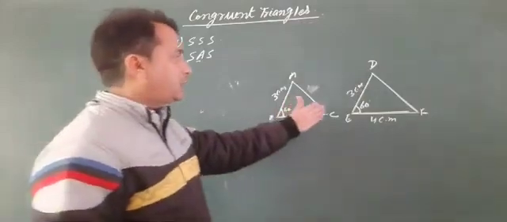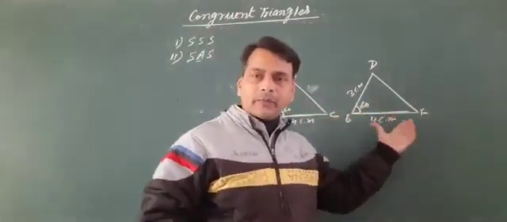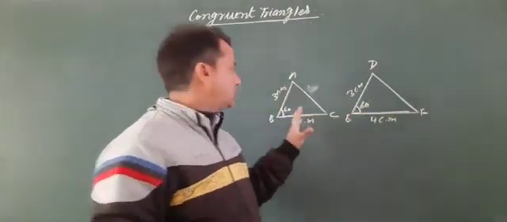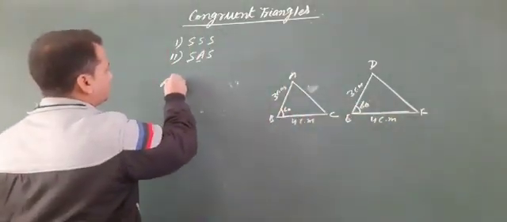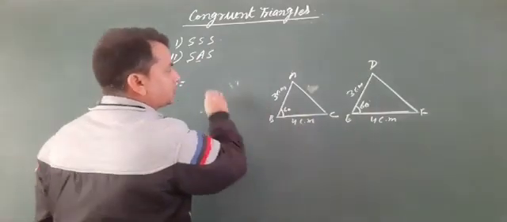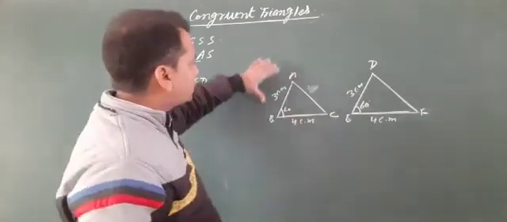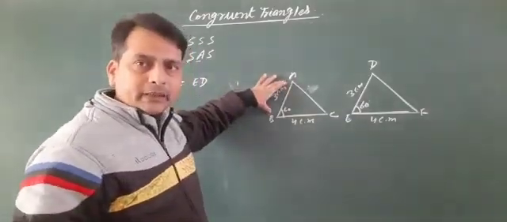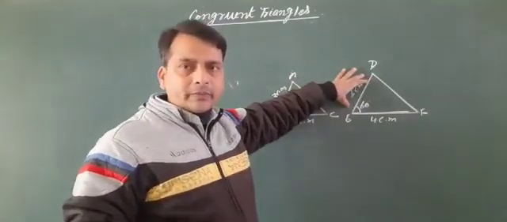So these triangles are congruent because, in the comparison between both triangles, AB equal to DE. Here the length of AB is 3 centimeter and in this triangle the length of DE is also 3 centimeter.